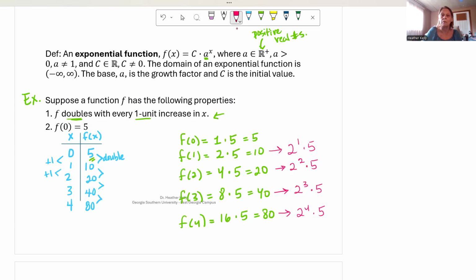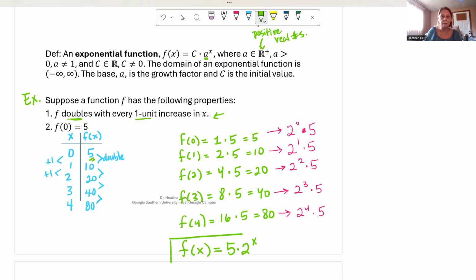And then remember, I reminded you a moment ago with those exponent rules that anything to the 0 power is equal to 1. So that is 1 times 5. So we can get a formula here. We can say, f of x is equal to 5 times 2 to the x power.